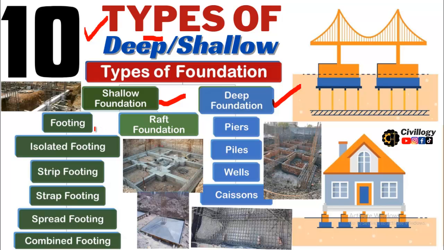Footing is then subdivided into isolated footing, strap footing, spread footing and combined footing. Okay, and then there comes deep foundation. Deep foundation is subdivided into piers, piles, wells and caissons.